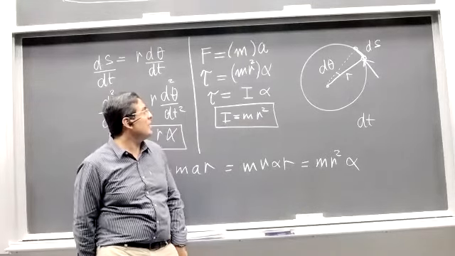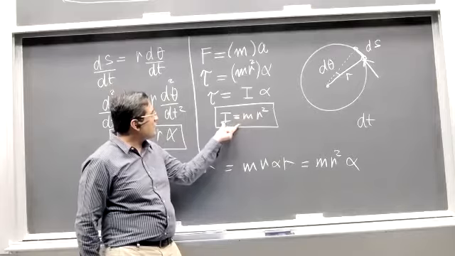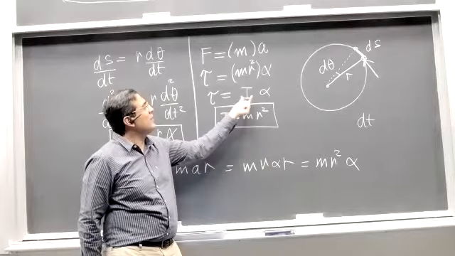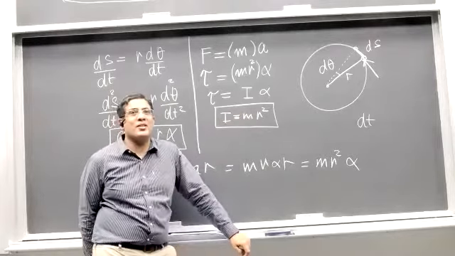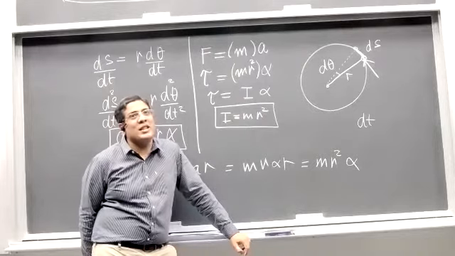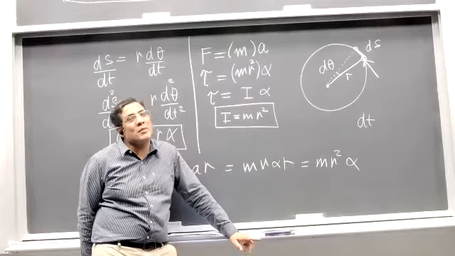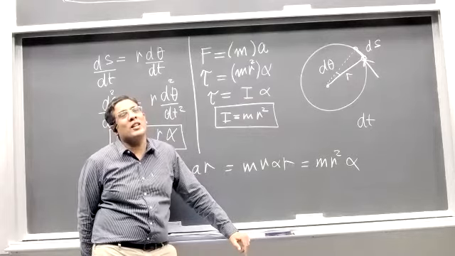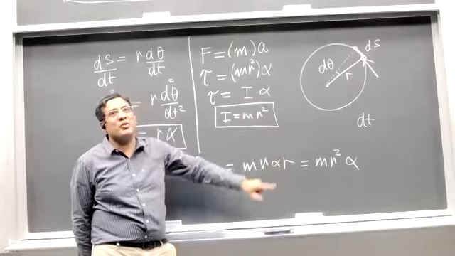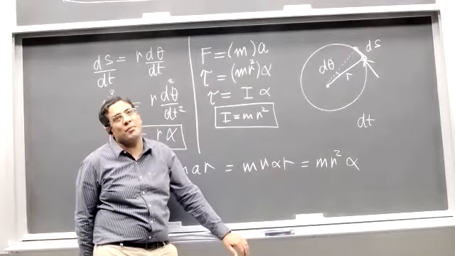That's why the rotation of an object depends on its shape, and of course on its total mass, but it also depends on how its mass is distributed across its body.